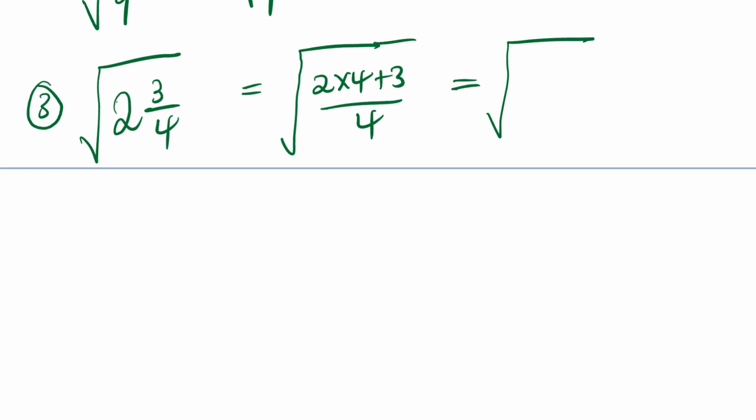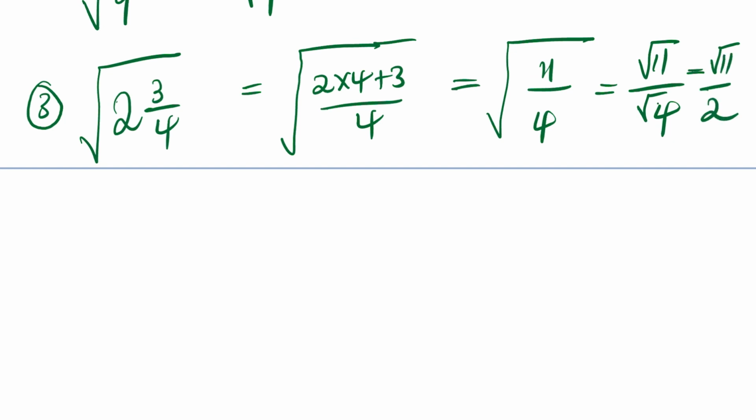So 2 times 4 is 8, and 8 plus 3 is 11, over 4. So we're going to have square root 11 divided by square root 4, which is 2. It's going to be square root 11 over 2. 11 doesn't have a square root, so we leave it like that.